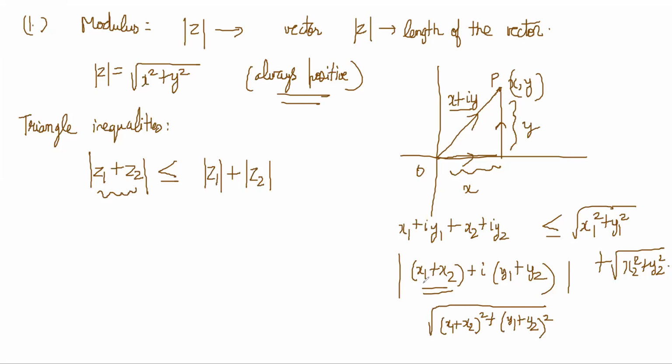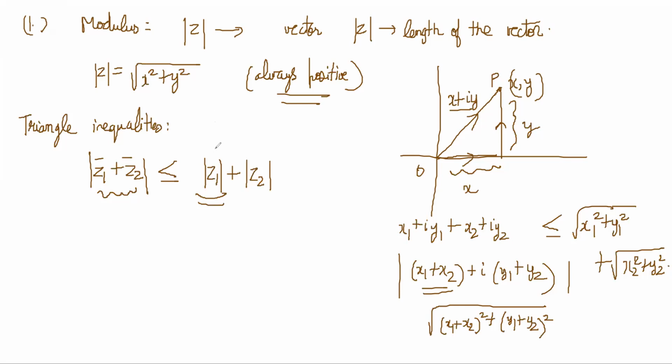Since the real and imaginary parts could have negative signs, the value could become lesser, and when you take the root it will be a lesser magnitude. On the other hand, no matter whether it is negative or positive, the length of that vector will still be the same.